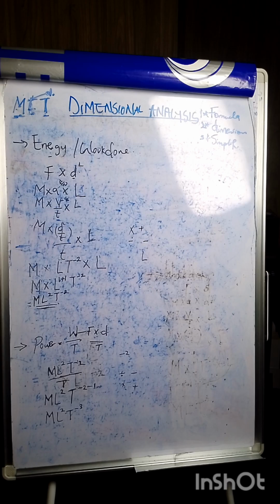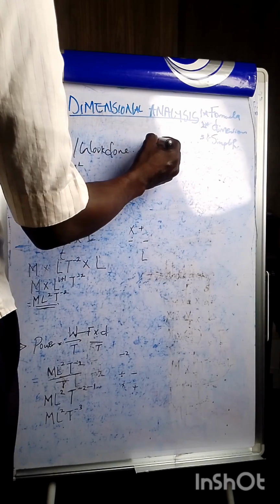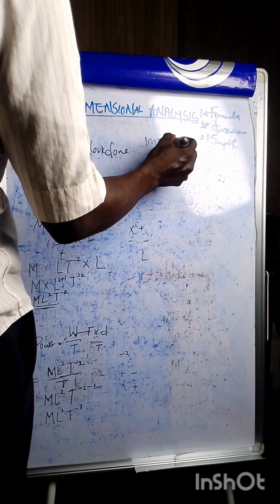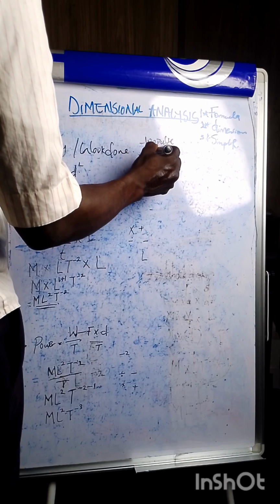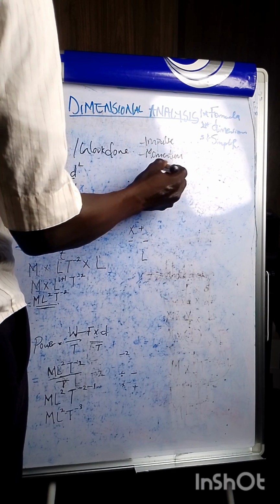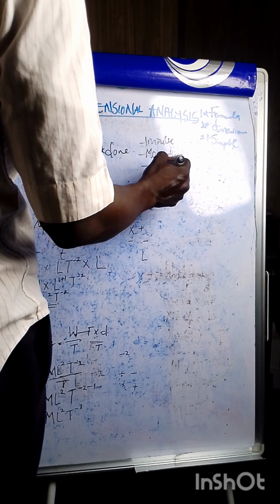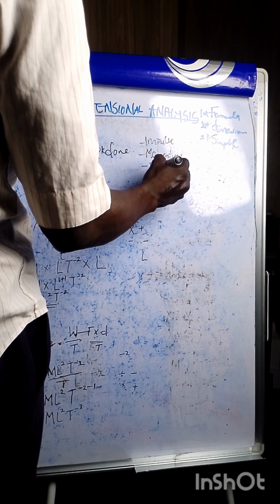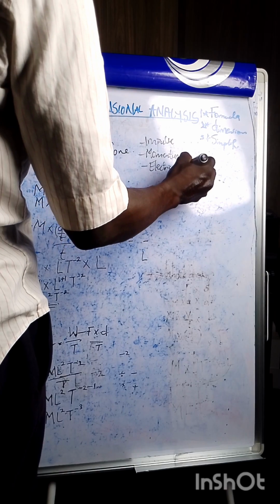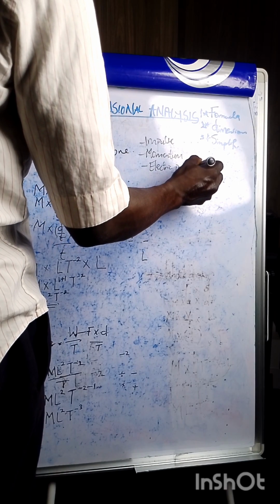So you guys should be able to solve for the others. You guys should do that of impulse. Are you with me? Do for impulse. Should be able to do for momentum, for your electric field, or let's say electric potential. You should know your formulas.